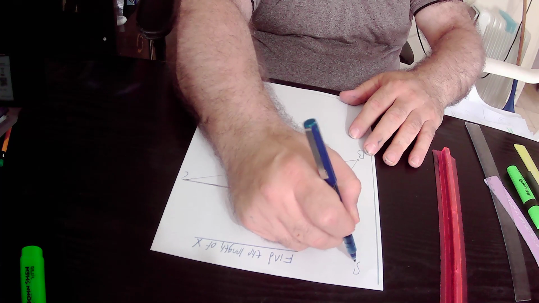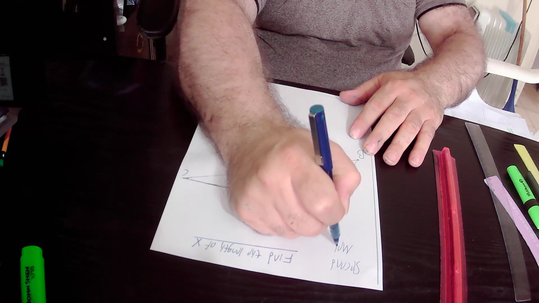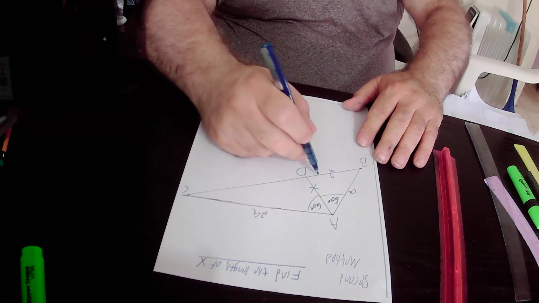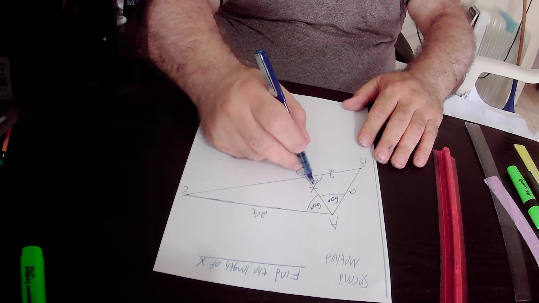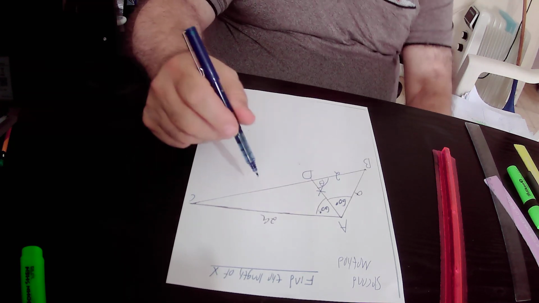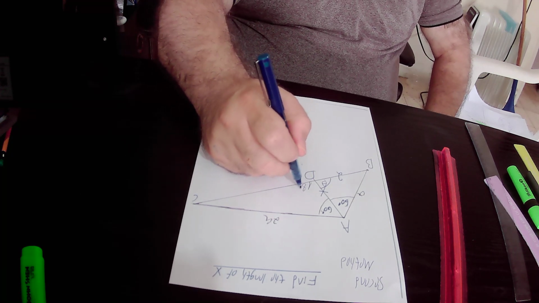So this is the second method. We defined angle ADB as theta. So if angle ADB equals theta, then angle ADC must be equal to 180 degrees minus theta.